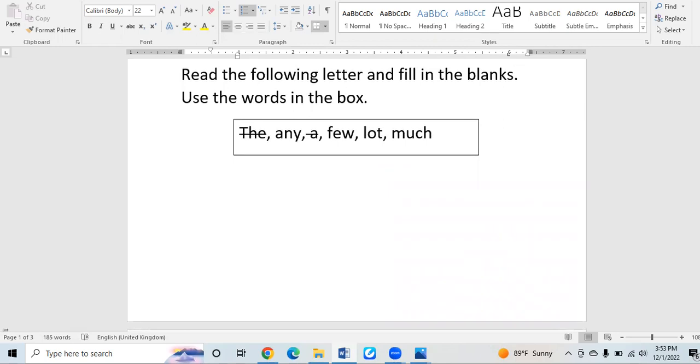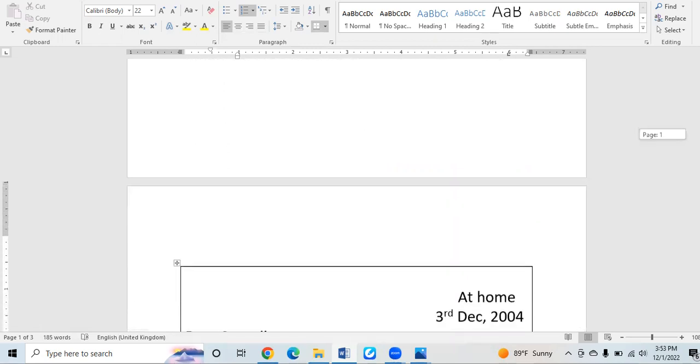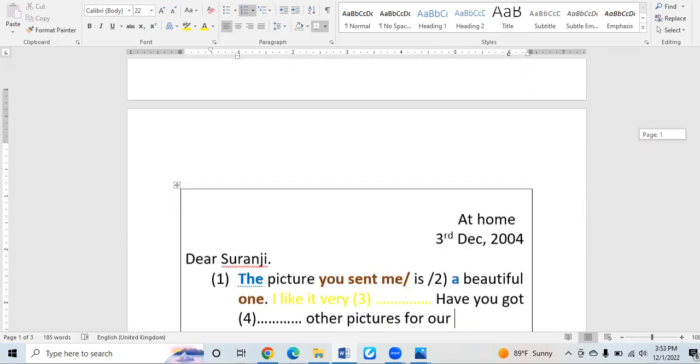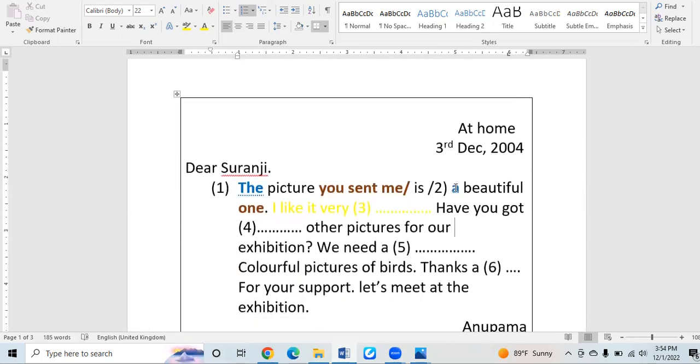Then what is remaining? Only "much". Much was the word remaining. Even though you don't know whether it is correct or wrong, you have to use that word, because it is the remaining word under the list. "I like it very much", as it is an adjective. I told you this "very" will come to explain more about another adjective or an adverb. So you can use "much" here.